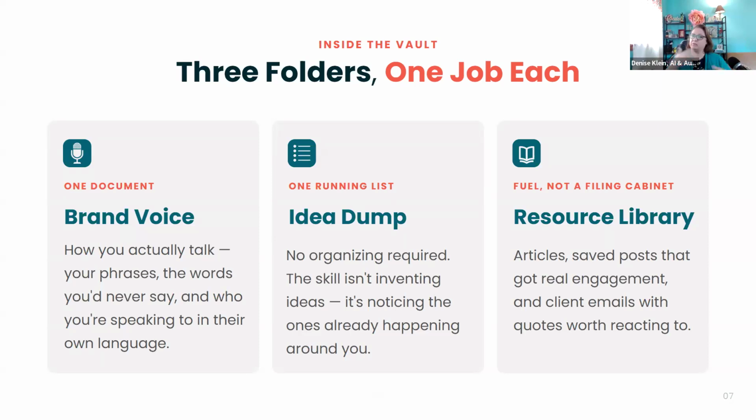We do want to be inspired and make sure we're putting our own spin on things. But another thing that you could put in this resource library is when you get an email from a client and they're raving about something that you've done or an epiphany they've had, you can put that into your marketing vault. All of that is just great material for Claude or the AI of your choice to start to build your content.